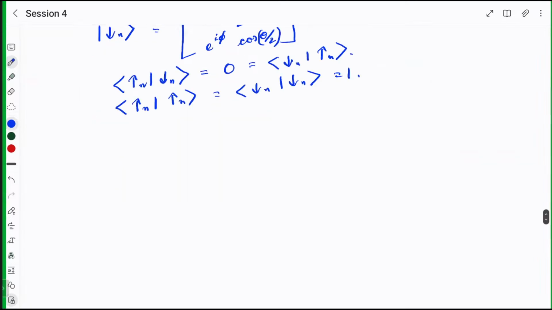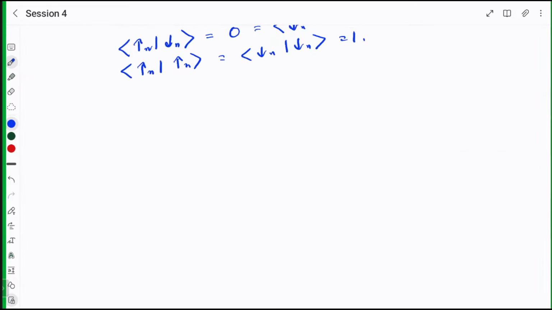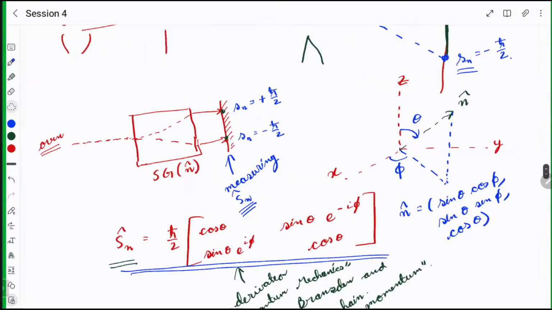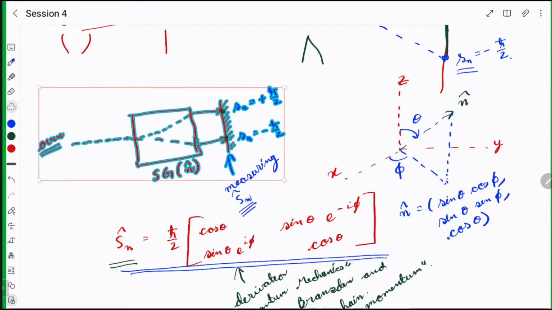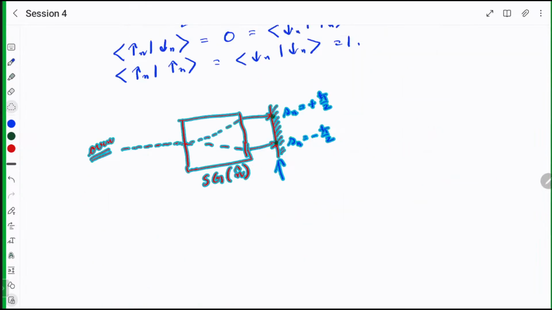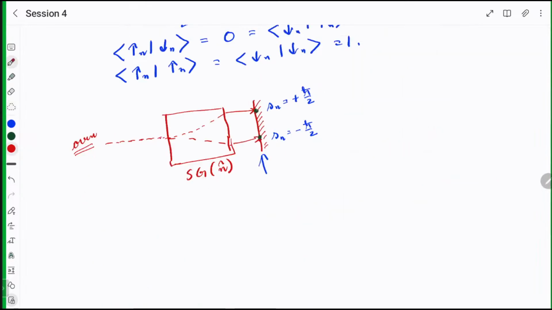Now let me ask you the following question. In this example, we had placed the screen somewhere, in the entire portion.